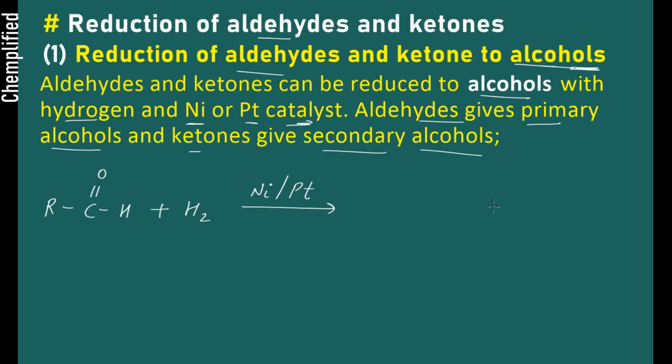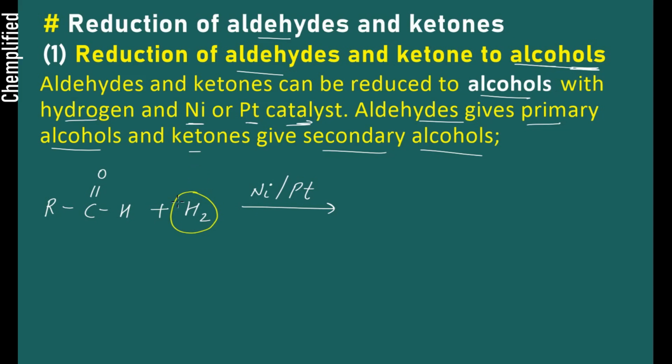Now for future reference, let me just tell you that if nickel and platinum are present in any reaction with hydrogen, then this means that reduction will take place. And if platinum and nickel are present with oxygen, then it means that oxidation will take place, right?